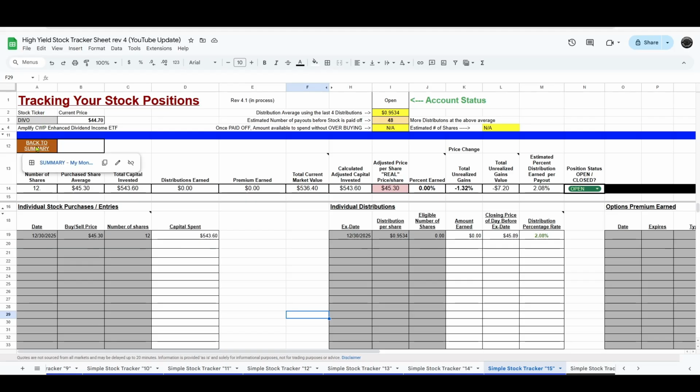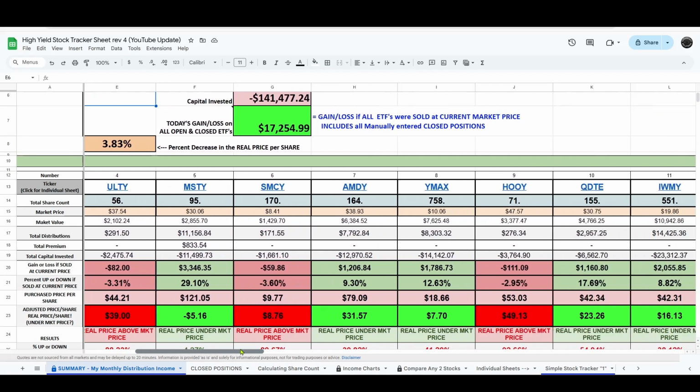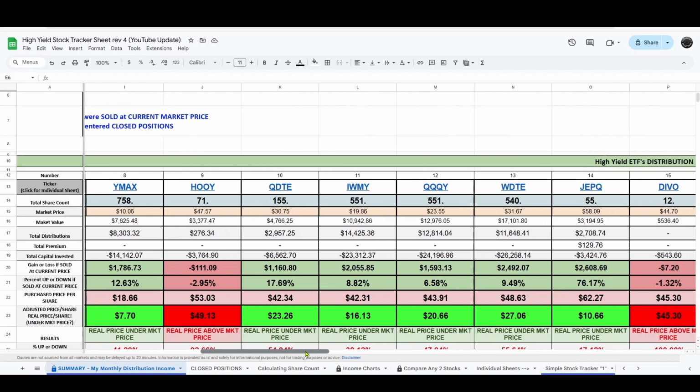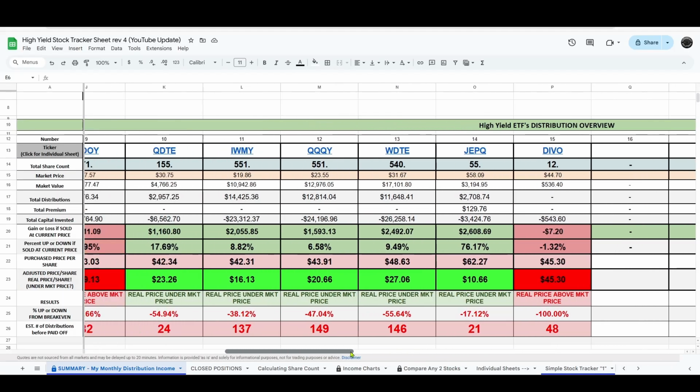To get back to that summary page, we can just hover right over this, click that link, and we're right back to the stock summary page, and you can see it has updated all of that information. And if we slide right on over where JEPQ was the last one, it now shows DIVO. Very nice. So as you can see, I had 14 and now I have 15 because I entered in DIVO.